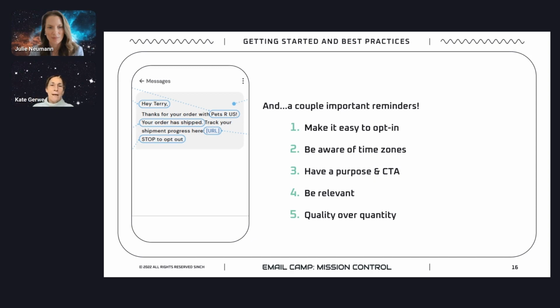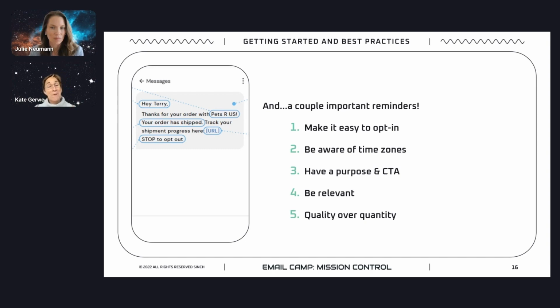I know when I'm signing up and I add my mobile number, if there's a little box that says, send me a text message to notify me, enable important notifications, something like that, I almost always click it, because I do want to know, oh yeah, my package is going to arrive tomorrow. So as you're collecting information, make it easy for people to say, yes, I would like you to communicate with me via text.